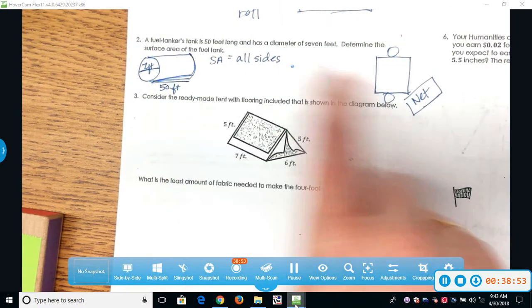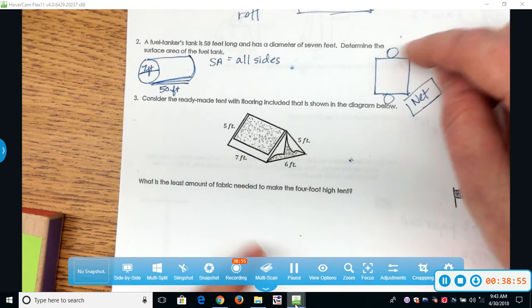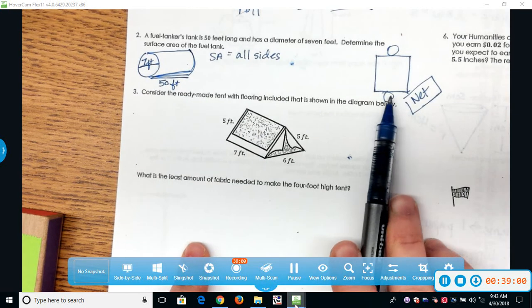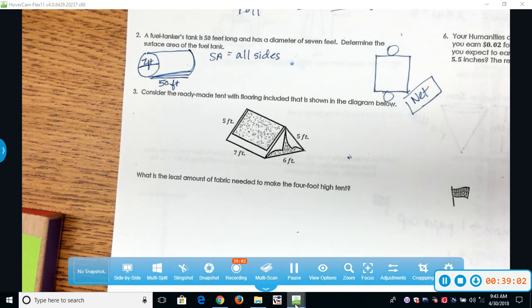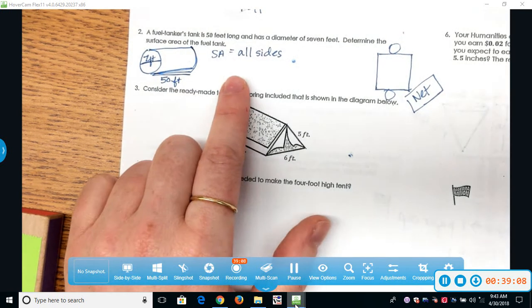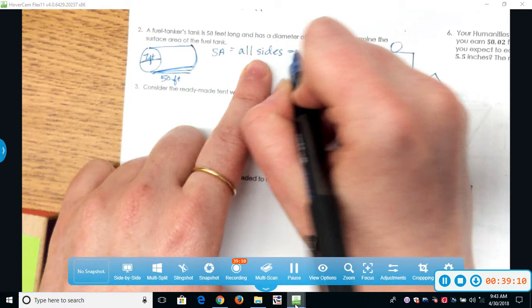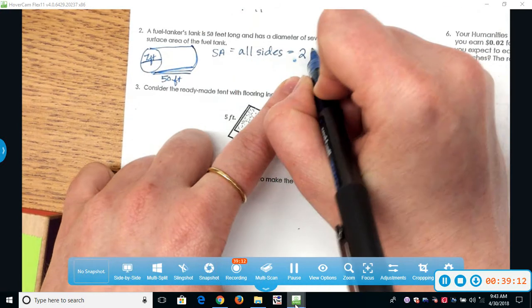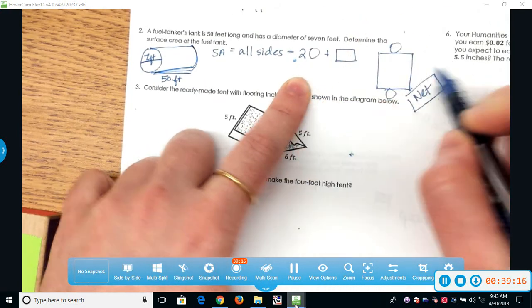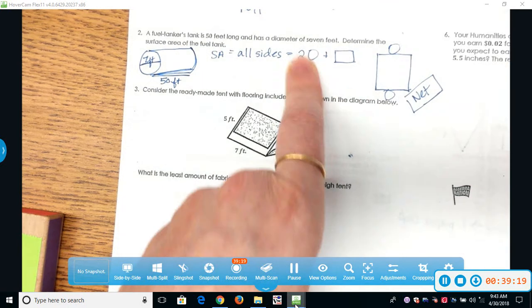Okay, so that's this part cut, opened up, and then again it's a fuel tanker, so in order to hold everything in, it needs a top and a bottom, which are round. So what we need is the area of the 2 circles plus the area of that rectangle.